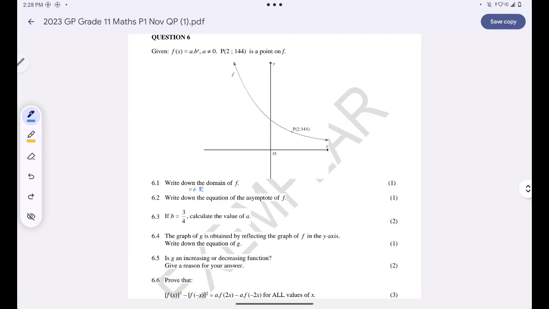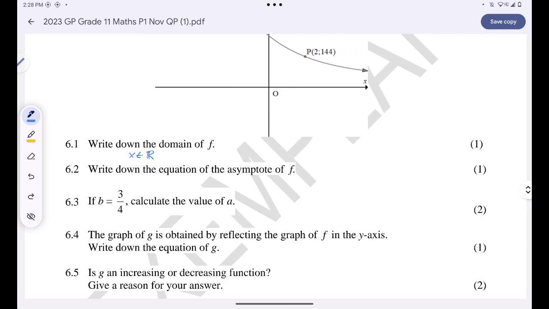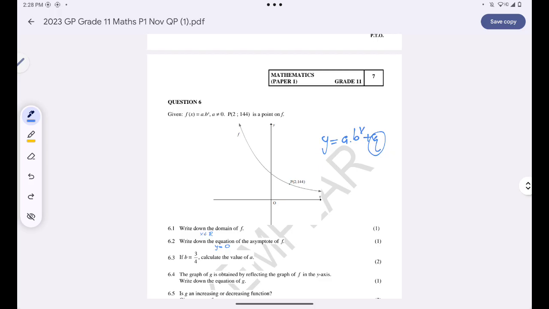Now we are asked to write down the equation of asymptotes of f. If our graph is given to us like this, a multiplied by b to the x plus q, the value of q is the one that tells us about asymptotes, right? So since we don't have the value of q over there, we'll simply say the equation for asymptotes is y is equal to 0. Are you together?